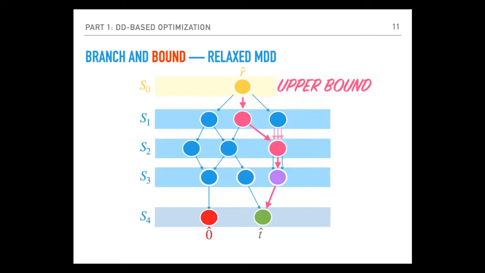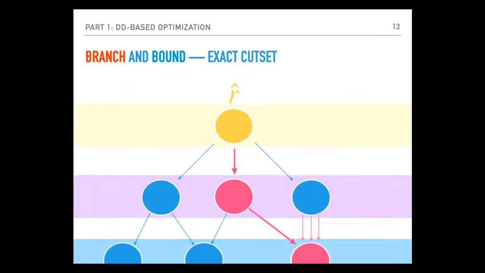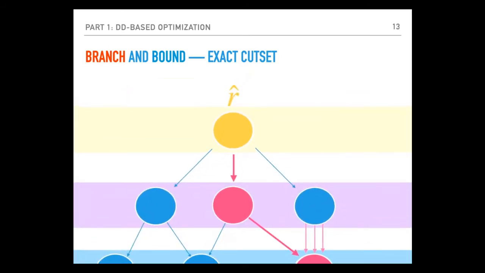These 2 approaches are nice, but there's a third use for the MDDs in that framework. If you consider the first layers, you'll see that there was no change, no deletion, no merge, and that the beginning of the MDD is absolutely exact.